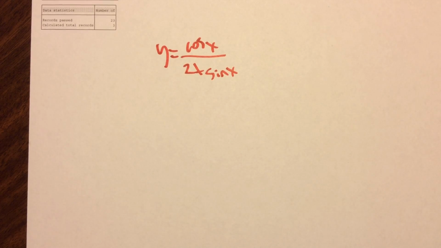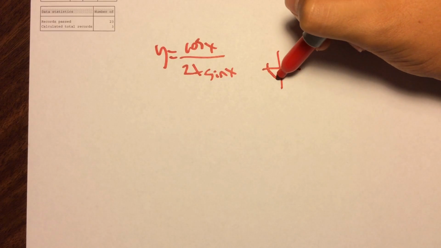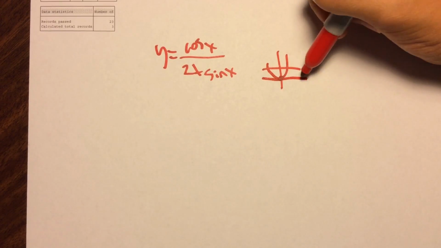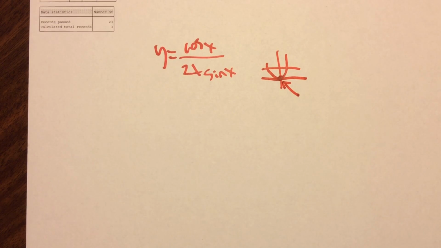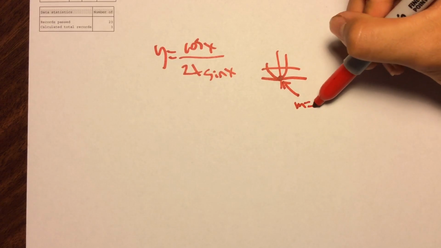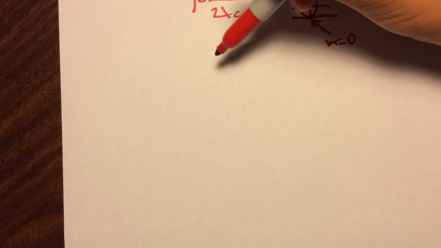To find the horizontal tangent line, all we have to do is find the derivative and set it equal to 0, because the horizontal tangent line has a slope of 0. So what that would look like is, for example, like this. That would be the point where it would have a horizontal tangent line, because the slope is equal to 0. So first we have to take the derivative.